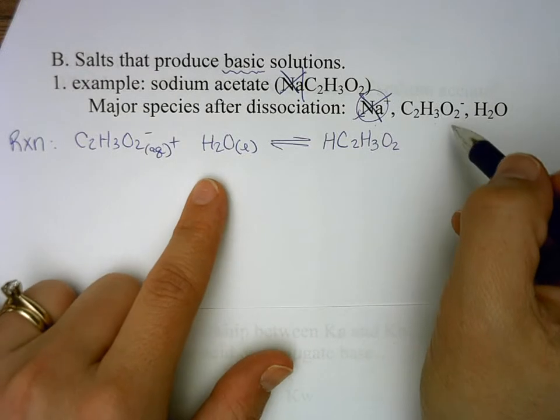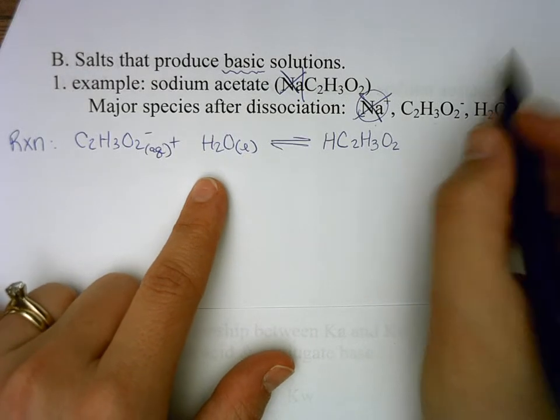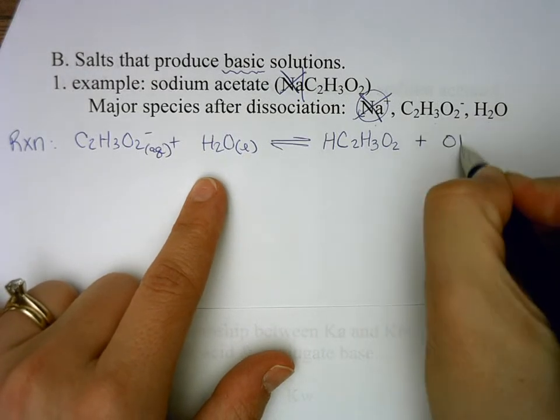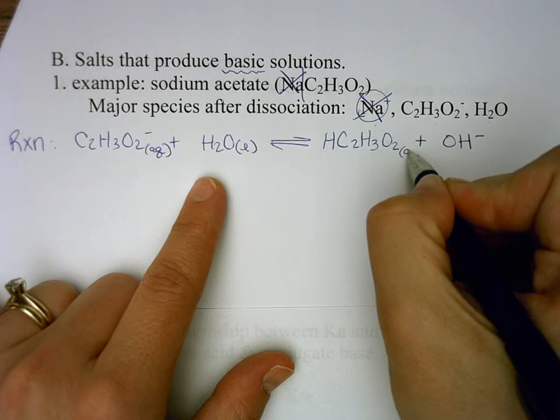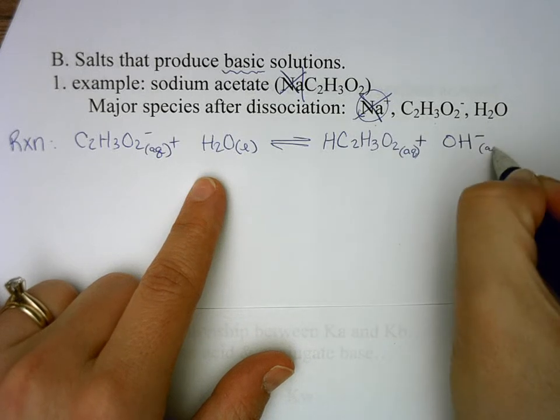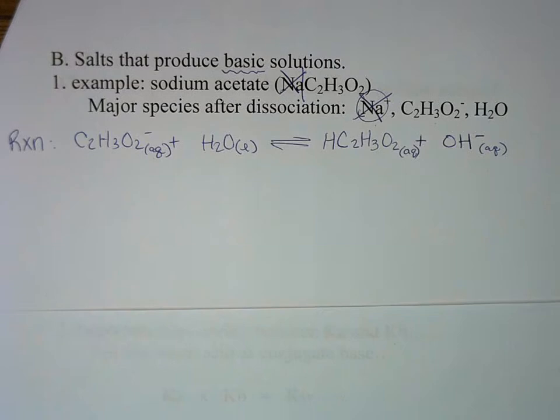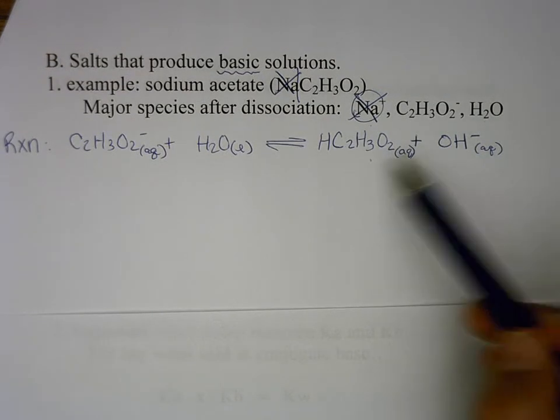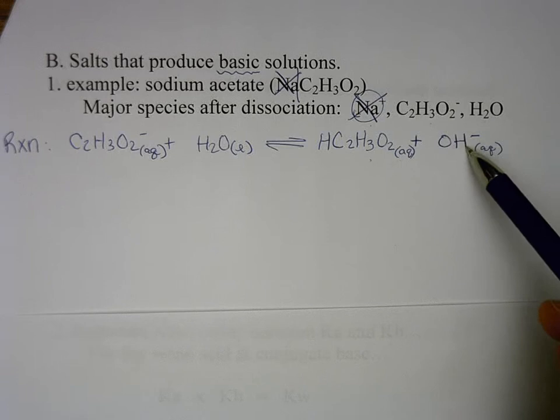What's left over after the hydrogen leaves the water here? OH. Okay, these are all aqueous here. Now what I have is acetic acid over here, but I have hydroxide ions over here.